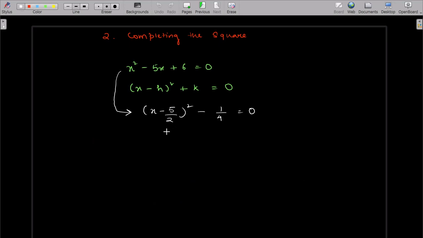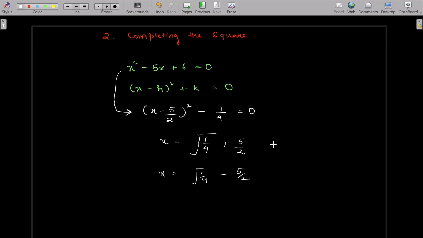If we try to isolate x, 1 over 4 will go on this side, and one solution will be, you take its square root, then you do plus 5 over 2. I'm just doing the steps quickly, and the other is the square root of 1 over 4 minus 5 over 2.